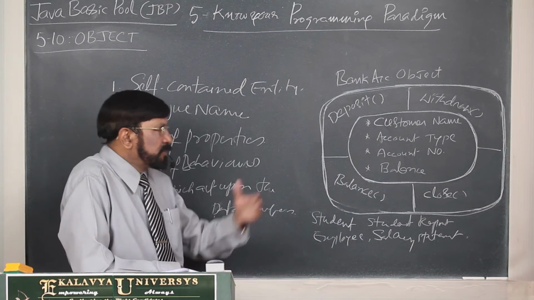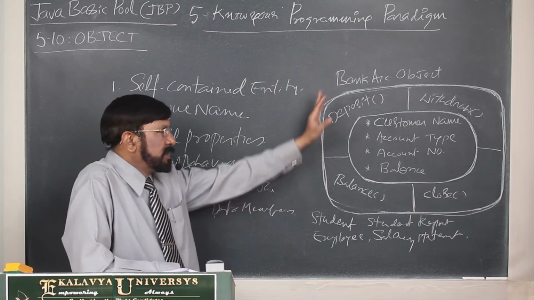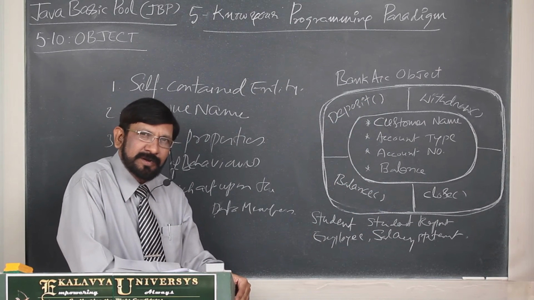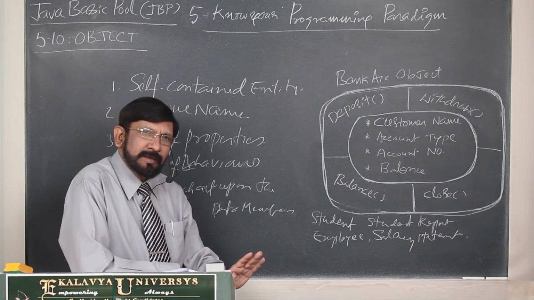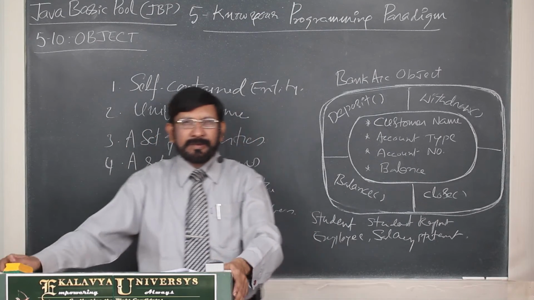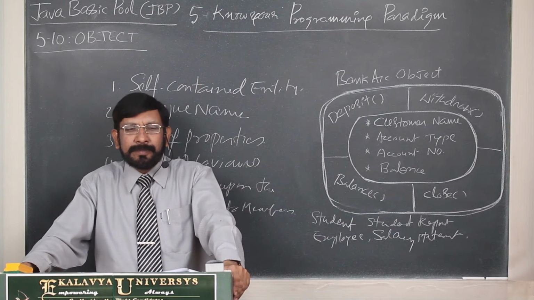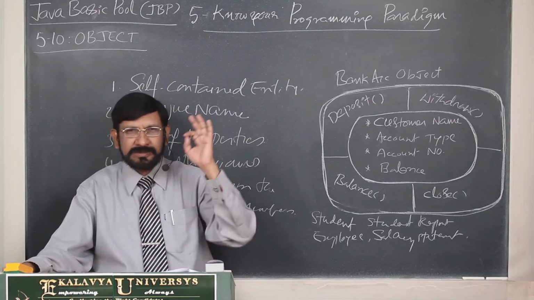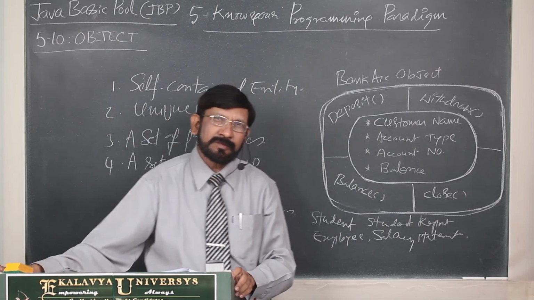Then you have to identify what are the properties and what are the functions which act upon the properties. Before that, if you want to become a real object oriented programmer, whenever a problem domain is there, first identify the objects, then write the program. First mental work, thereafter come to physical work.